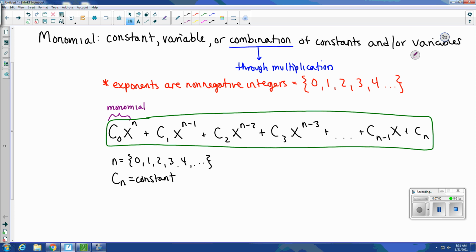Now, why didn't I include subtraction? Because we can just think of subtraction as adding negatives. So if I just introduce a negative constant for any of these c terms that represent my constant values in the monomials, well then there's your subtraction scenario. So this whole string here is the polynomial.